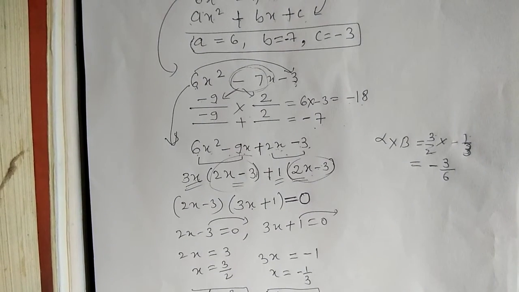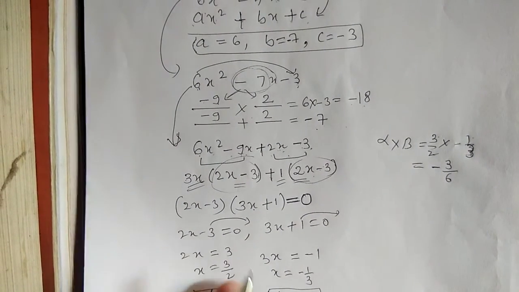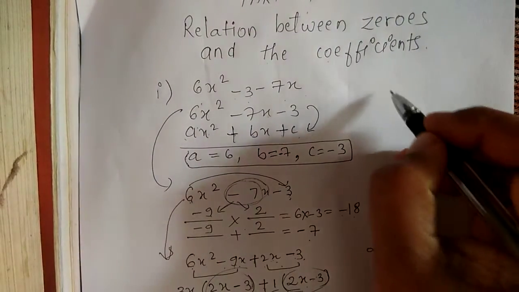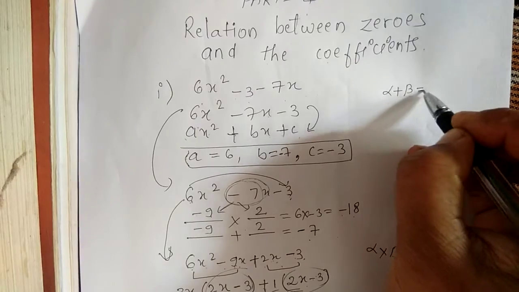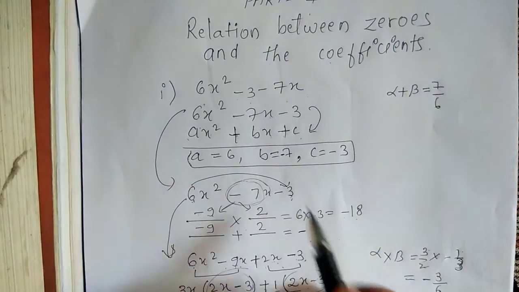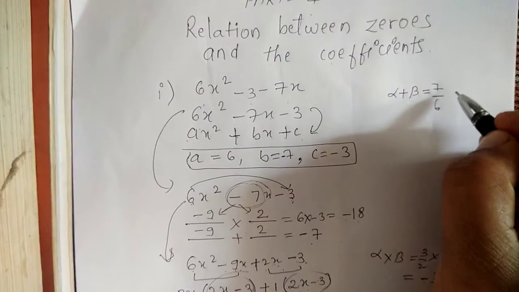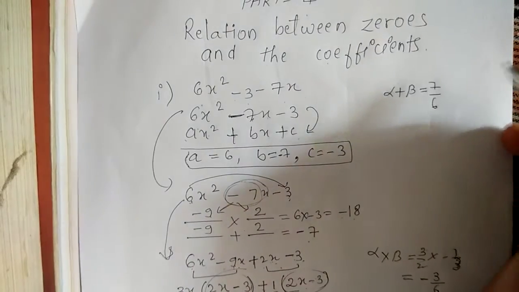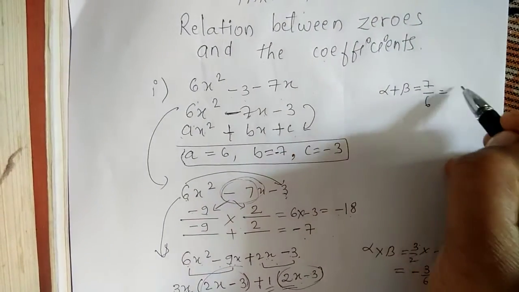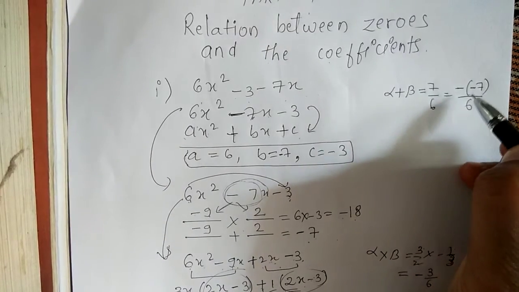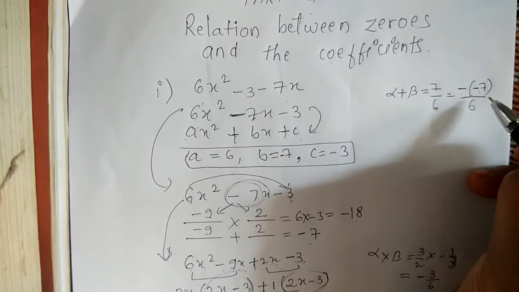Now see alpha plus beta. Alpha plus beta value is 7 by 6, and we see here 7 is the middle term, minus 7 it is actually, but I will tell you how to write this. 7 we can write as minus of minus 7 upon 6 because minus minus becomes plus.